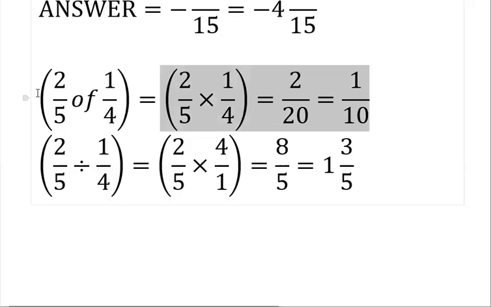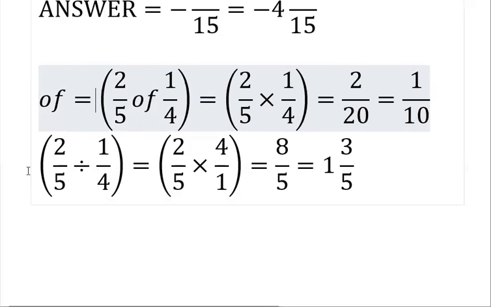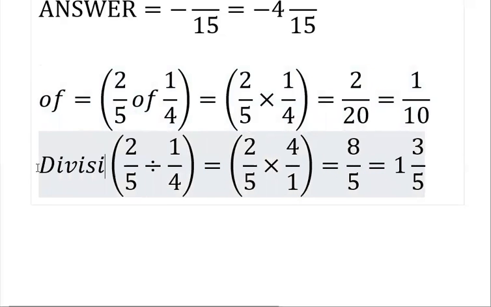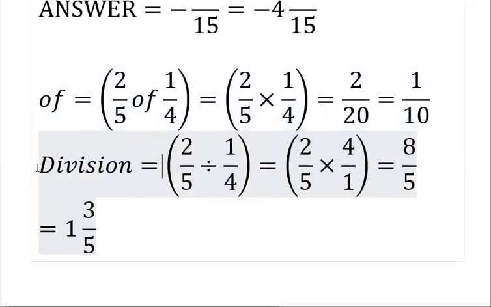Before we do that, we can say this is for brackets, this is for of, this is for division.